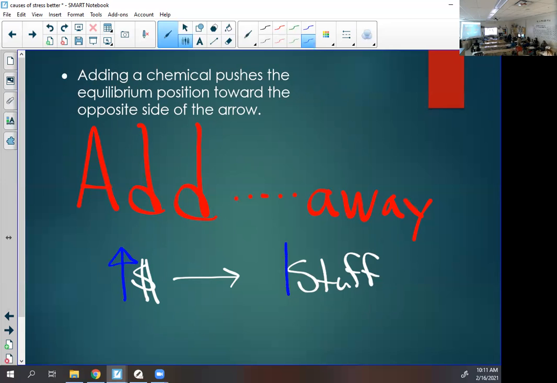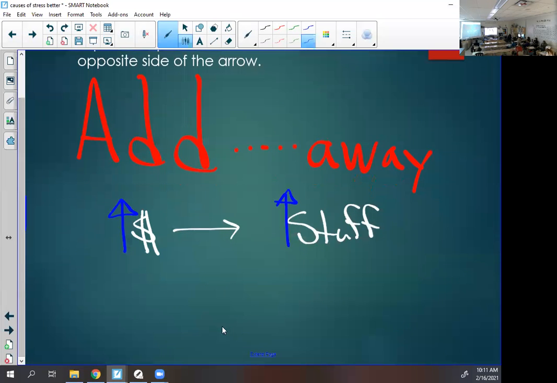I'm going to buy more stuff until I reach a new equilibrium. Because as I start spending money, I don't have as much as I used to, but I have more stuff. Right? And now I have a new equilibrium. So chemistry is the same. If I add more things, I make more stuff.